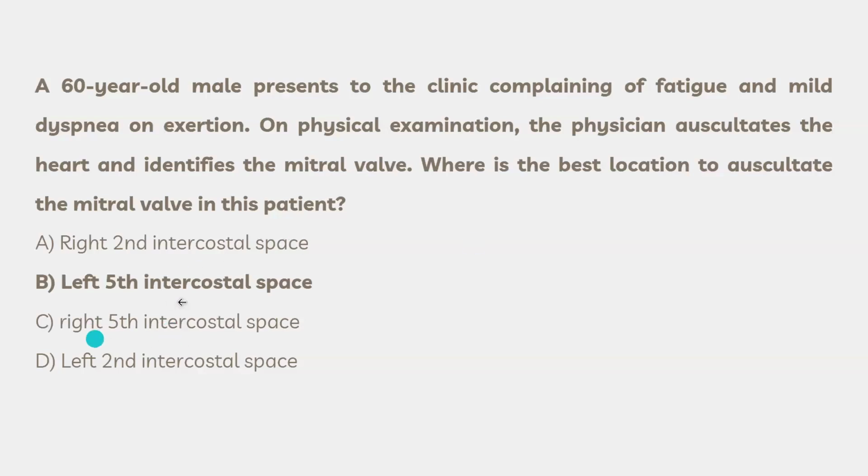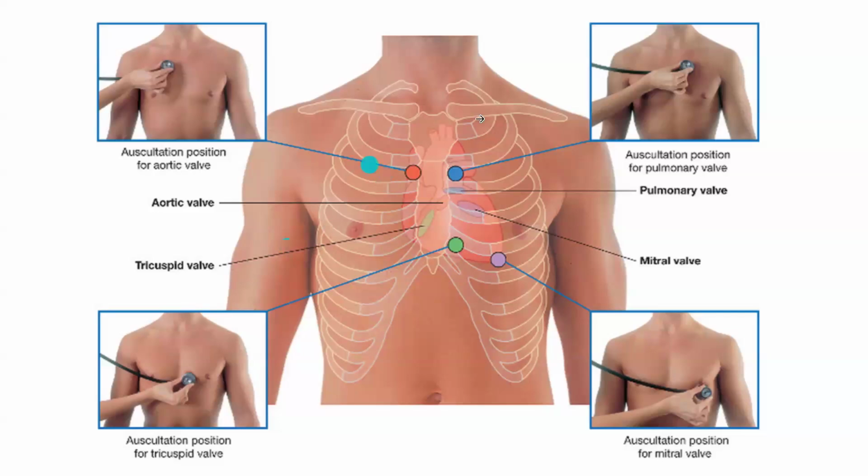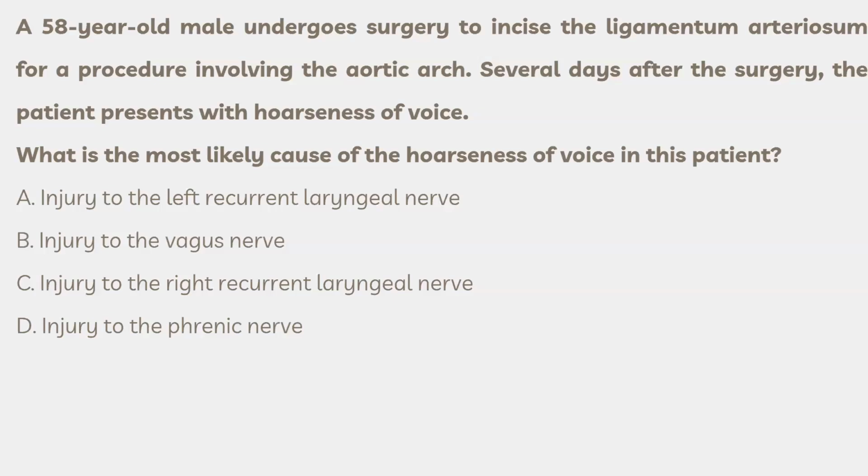Over here, I didn't involve it because it'll probably be direct and you guys would have gotten it easily. But make sure to remember it's the left fifth intercostal space, mid-clavicular line. And these are the other auscultatory points for the pulmonary valve, aortic valve, and tricuspid valve. Next question.